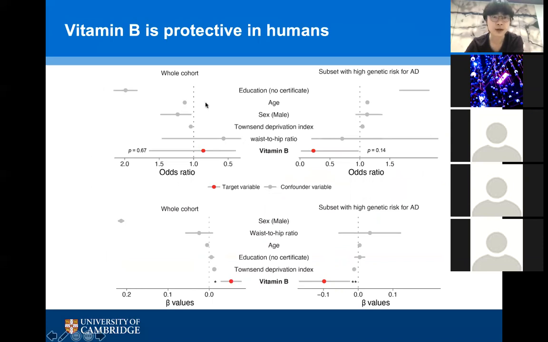So then I also looked at human medical records, again from the UK Biobank. This is another fairly busy slide, but on the left here, I used data from the whole cohort, which is comparing healthy controls to people with Alzheimer's disease. And I saw that people who reported taking vitamin B seem to have a lower risk or odds of getting Alzheimer's disease, but this association is not significant.